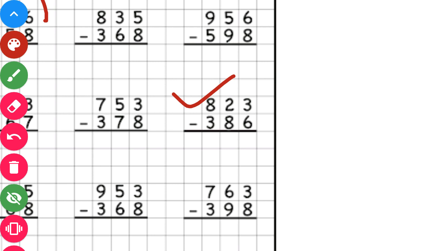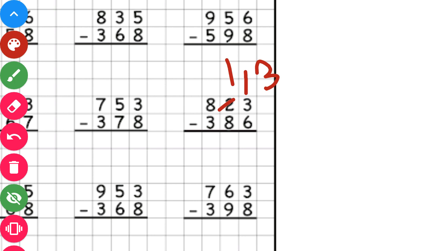Okay, let us do it. Here we will start from the ones place. We have 3 at the ones place. So this 3 will take a borrow from 2. It will become 13 and this 2 will become 1. Count after 6 to get 13: 7, 8, 9, 10, 11, 12, 13.